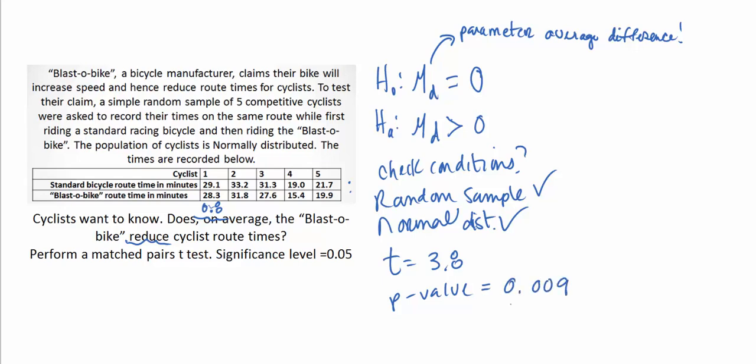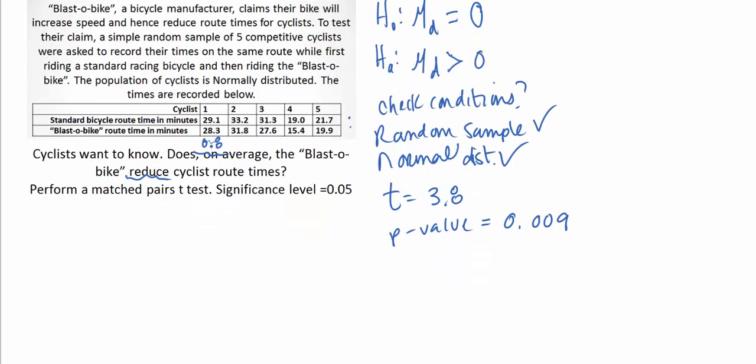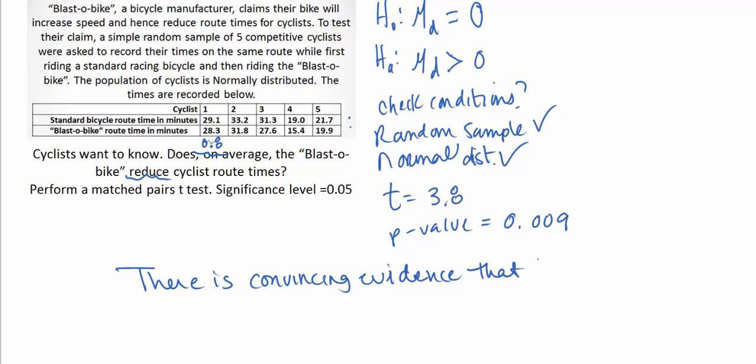Well, what does this mean in the context of the problem? It means that there is convincing evidence that the Blastobike reduced route times.